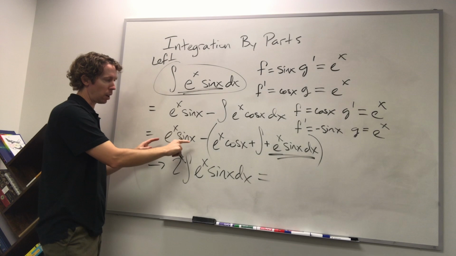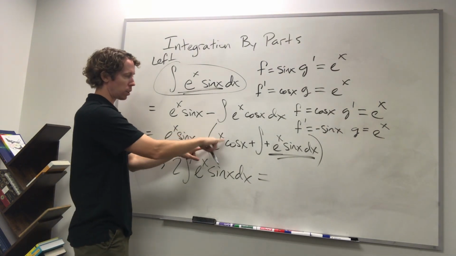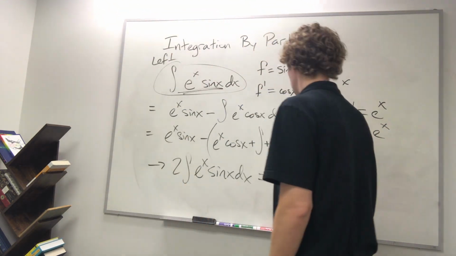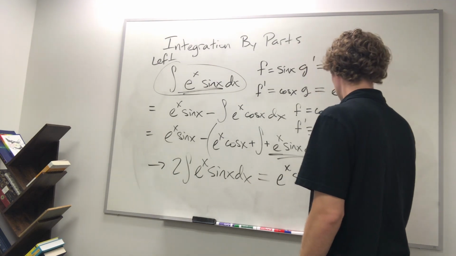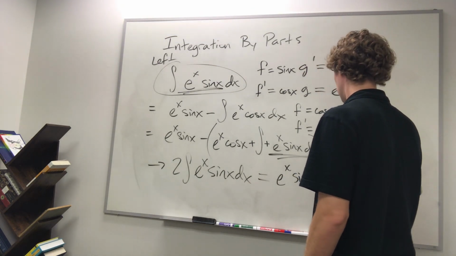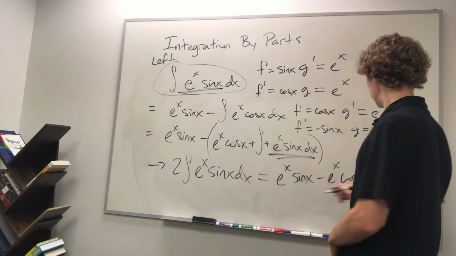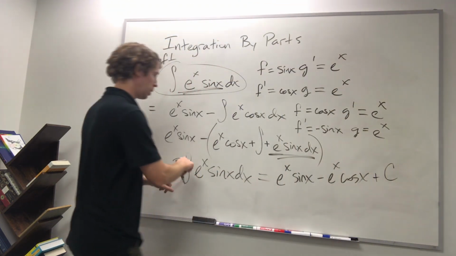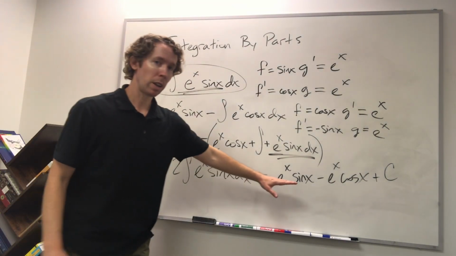On the right side, what I'm left with is e to the x sine x minus e to the x cosine x, and then this is gone. There's a plus c in here. I'm going to go ahead and add that here. I know that it will be there because I'm taking an antiderivative. I'm almost to the final answer.